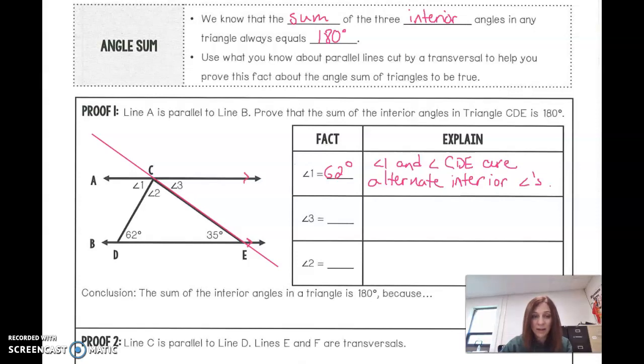So angle 3 right here has to be 35. And that's because angle 3 and angle CED, same letters but in a different order, and that's important because we follow the order to know what angle it is, are alternate interior angles.